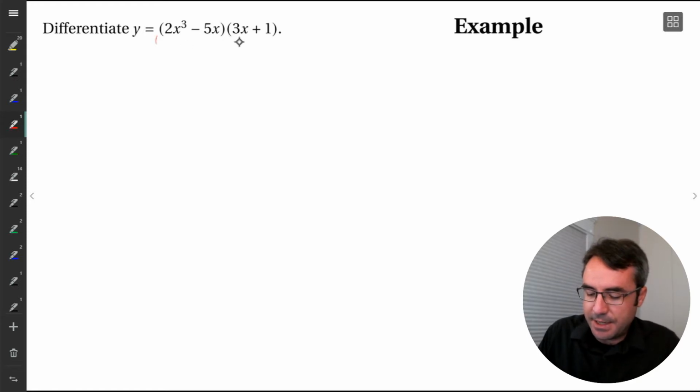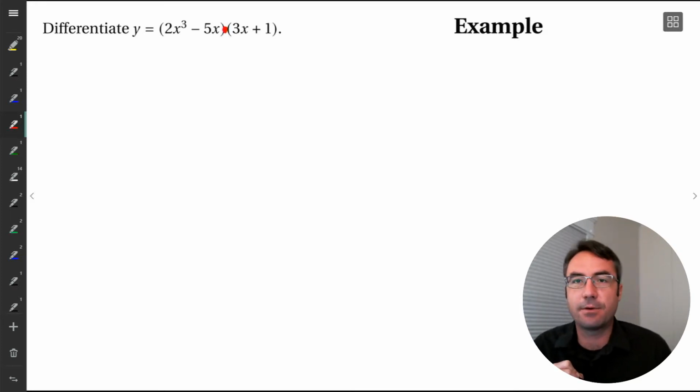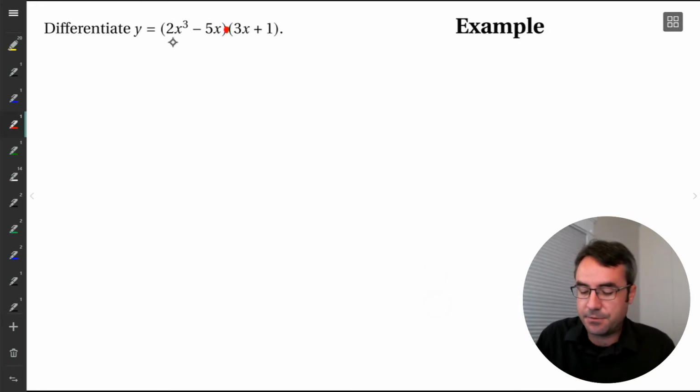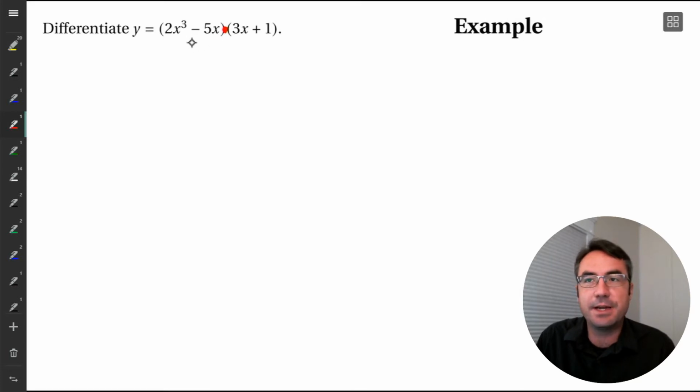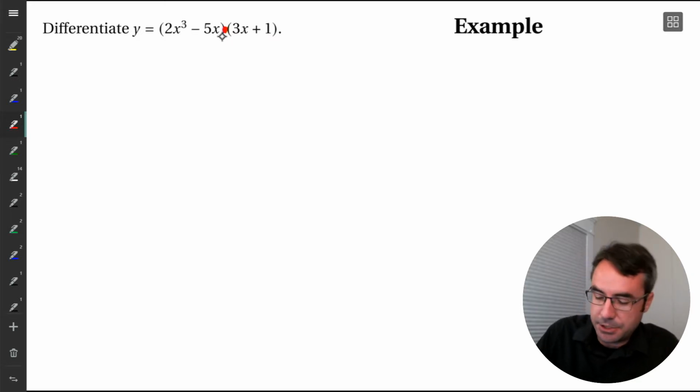It's not explicitly written, but implied right in the middle. We have a first term, the 2x cubed minus 5x, a second term, 3x plus 1, and right in the middle there is multiplication.